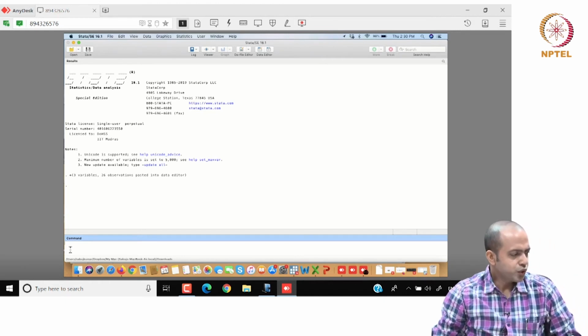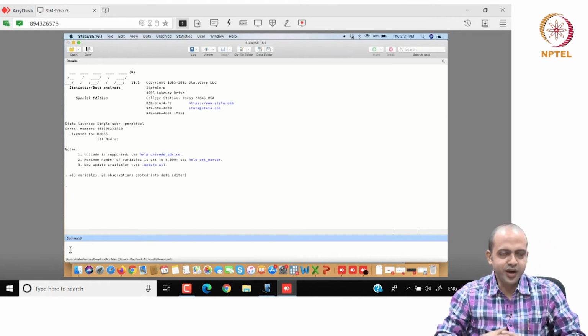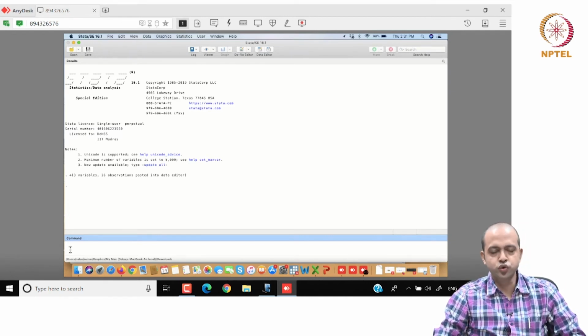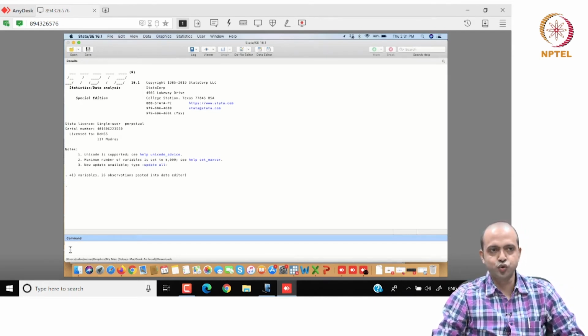So, when you have data on 26 years, you have to divide this sample into 2 periods. We should actually have 2 subsamples, one for the period 1970 to 81 and another for the period 1982 to 1995.